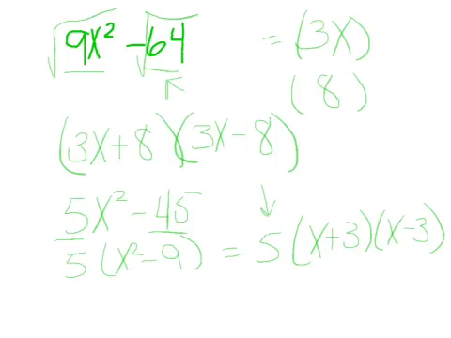Okay, let's have one more kind of odd example. Okay, notice that I can divide both of these by 4. If I pull a 4 out, I would have negative 4x squared plus 3x.